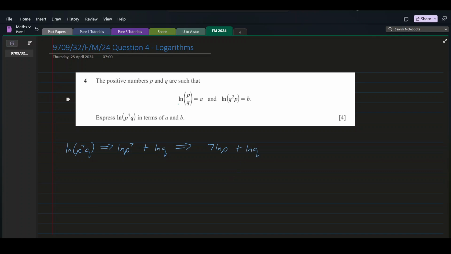Now let's look at the equations that they have given us: ln(p/q) is equal to a, and ln(q²p) is equal to b. We have to use these two equations to find an expression for 7 ln p plus ln q in terms of a and b.